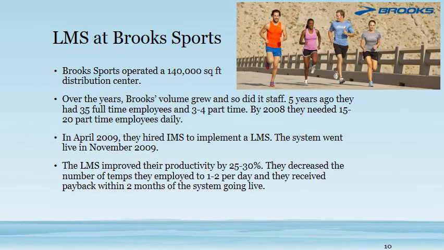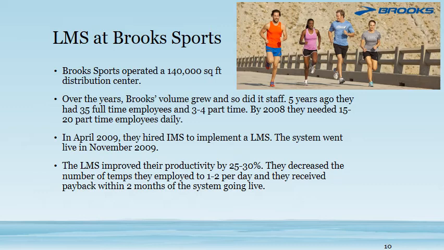The first example of a company using labor management systems is Brooks Sportswear. They are headquartered near Seattle, Washington, and they design and market high-performance running shoes, apparel, and accessories. Brooks Sports operates a 140,000 square feet distribution center.